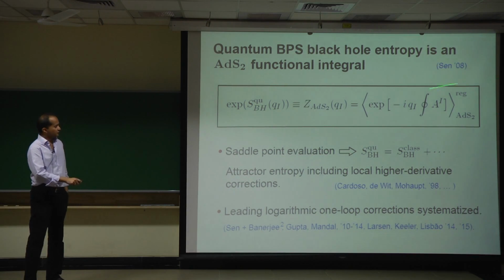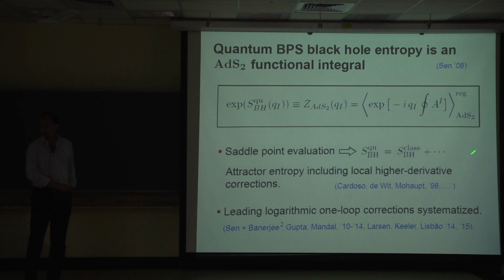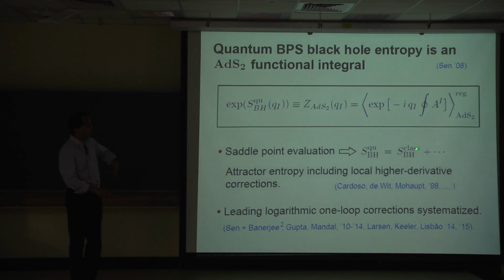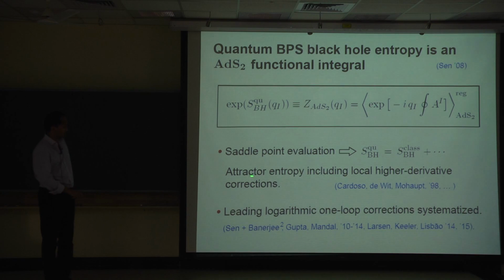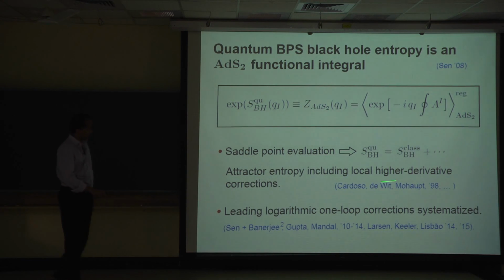So it's set up in such a way that if you do a saddle point evaluation of the functional integral, then you get back the classical Bekenstein-Hawking-Wald entropy. And then you're supposed to compute loop corrections around the classical value. So the classical entropy, including local higher derivative corrections, has been studied especially in the context of string compactifications by these people.